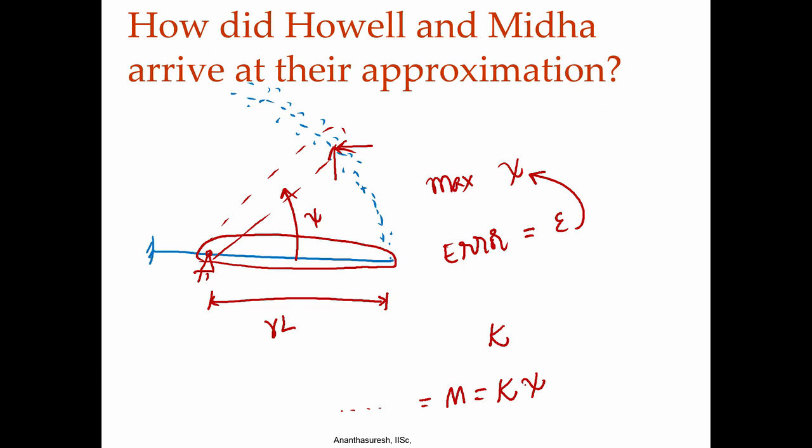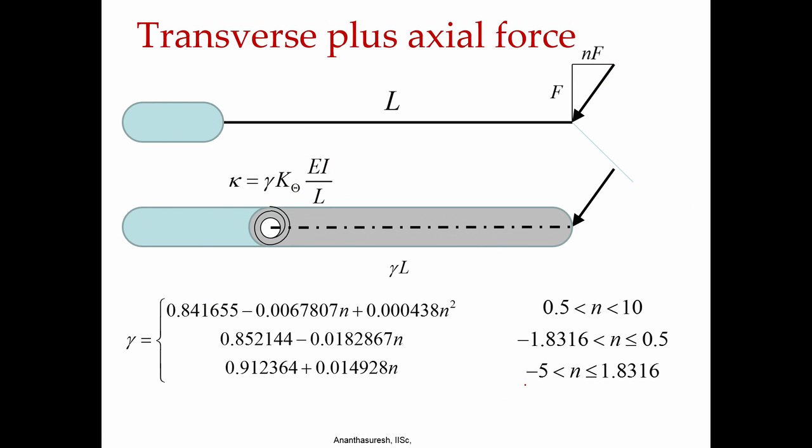That is how they did this curve fitting, so that they can get an approximation for these things. Again, this is gamma k theta EI by L, they are putting the material property, cross section property, length L, and gamma is given by this.